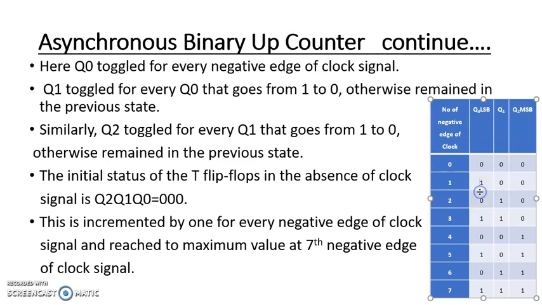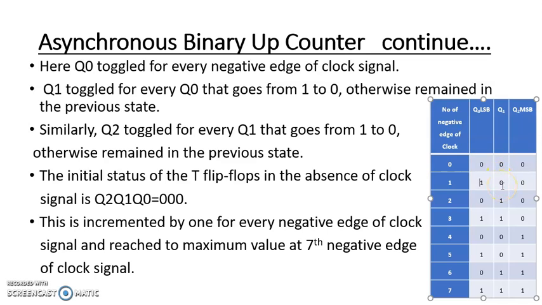When the first clock pulse comes, Q0 changes from 0 to 1. This 0 to 1 transition does not trigger the second flip-flop, so its output remains the same.